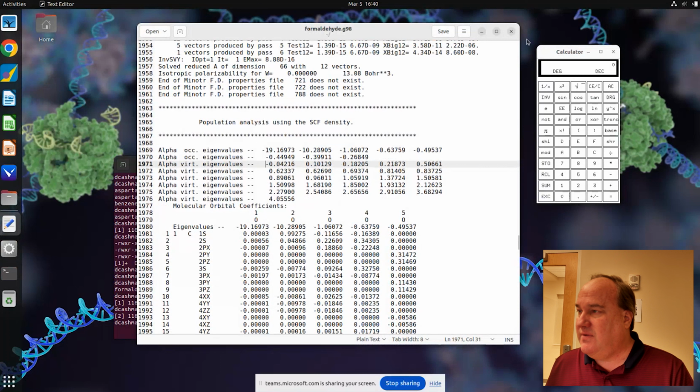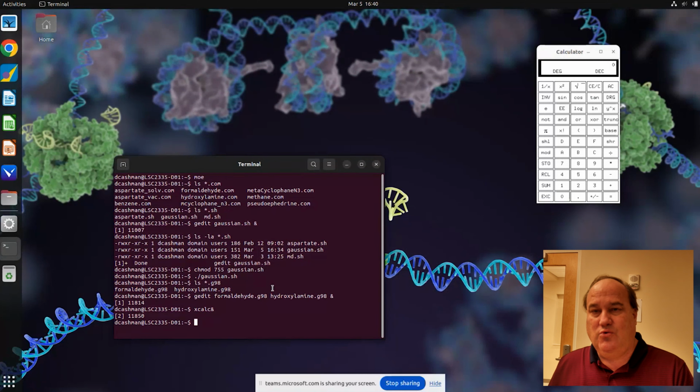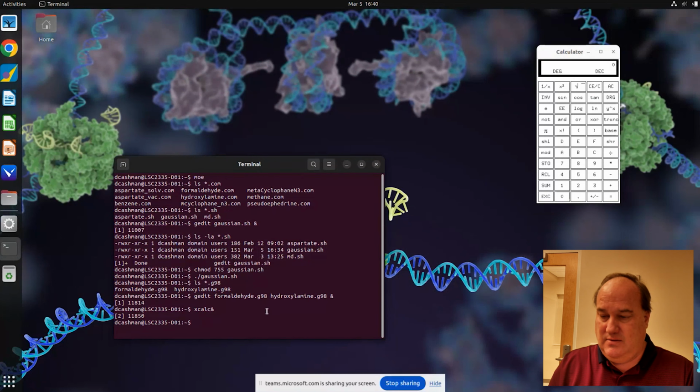So that's how to find the HOMO and LUMO energy in Gaussian, and so then you can also calculate that 1 atomic unit or 1 Hartree is equal to 27.21 eV, right?